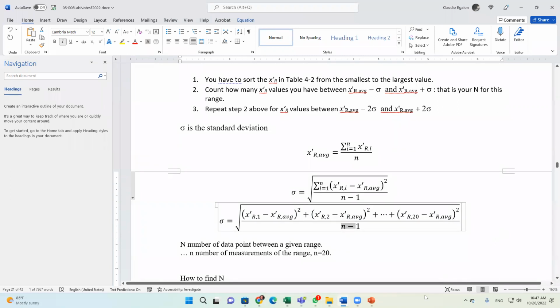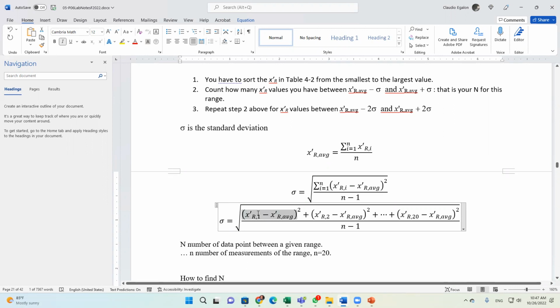Let's take a look at the values of the standard deviation. Now, you gotta do dimensional analysis to find out what the unit of sigma is. I'm just going to give you a hint. This guy doesn't have any units because it's just the number of values. This guy has the unit of meter, and this guy has the unit of meter as well.